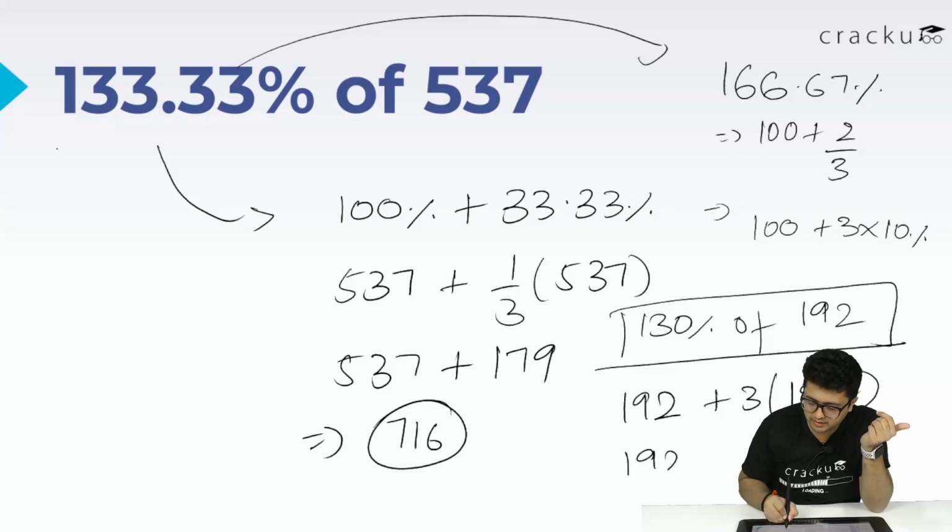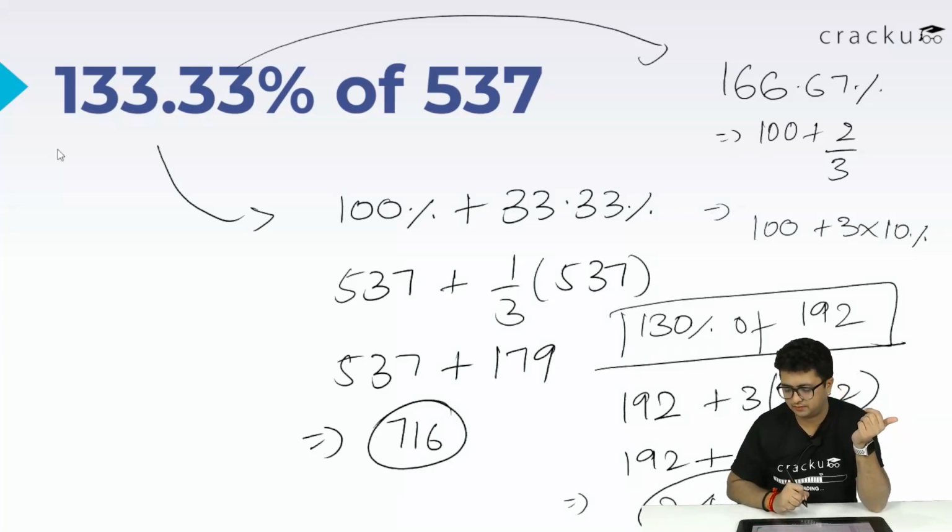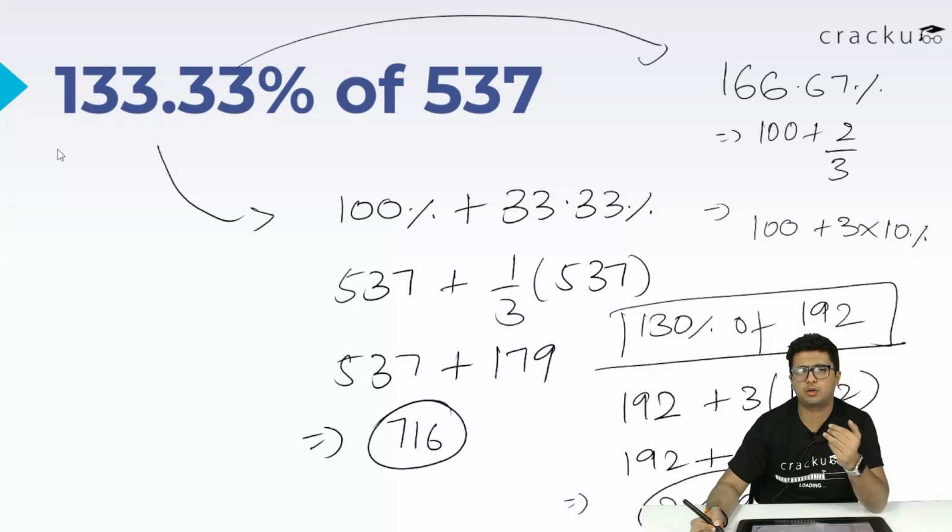This will be 192 plus 57.6, and finally the answer would be 249.6. So yeah, I think it is not that hard, right? Once you get a grasp of how to break down percentages, it becomes much easier.